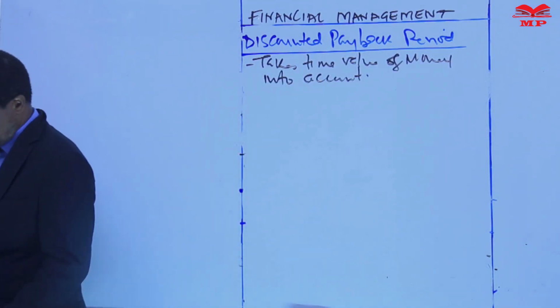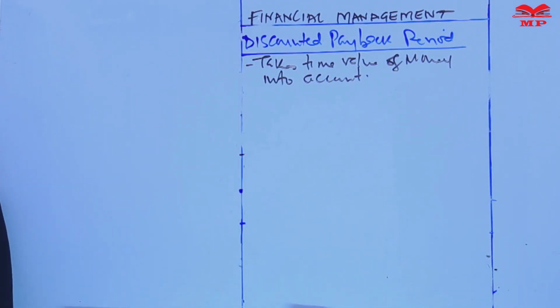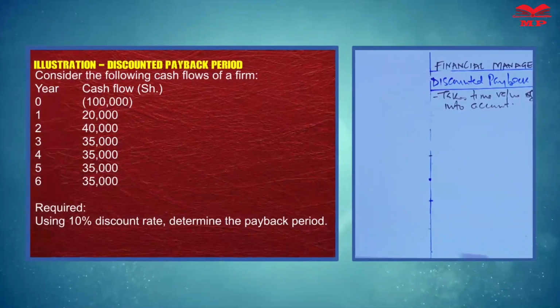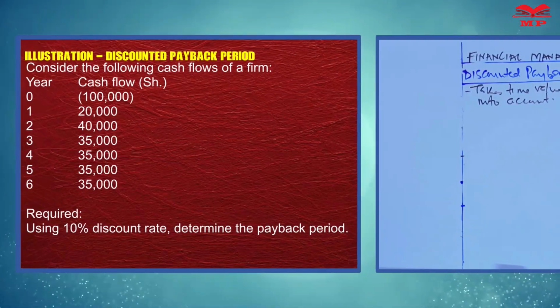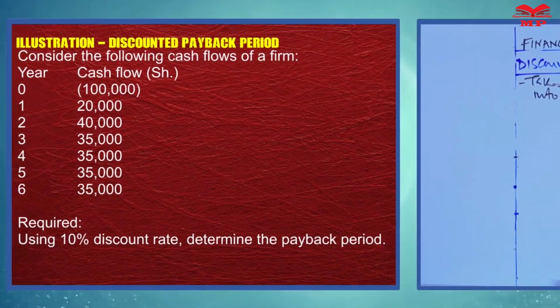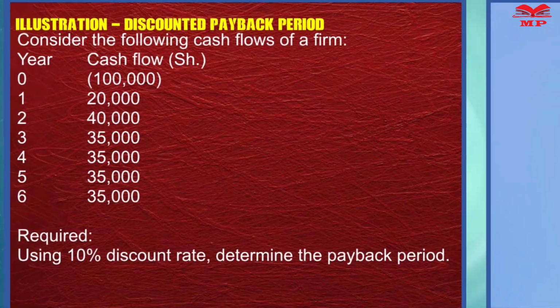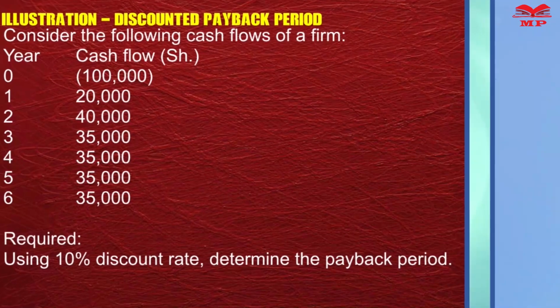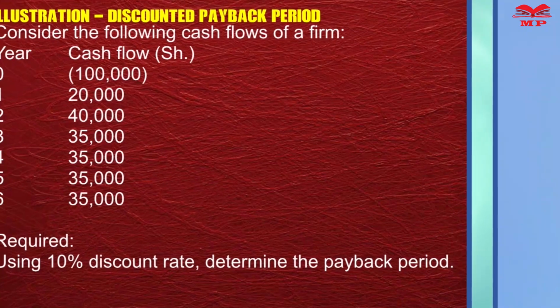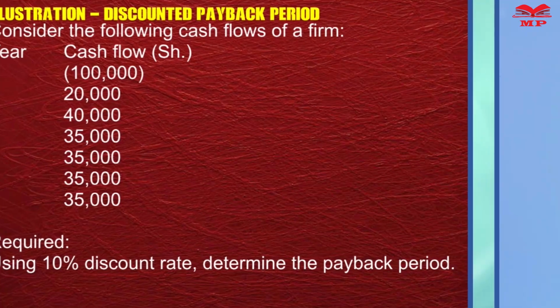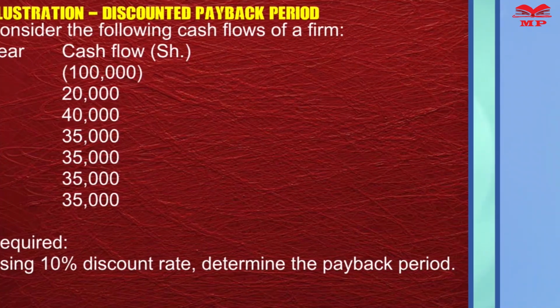Illustration. Let's illustrate. Consider the following cash flows of a farm. Those are 6 periods. Using a 10% discount rate, determine the payback period.